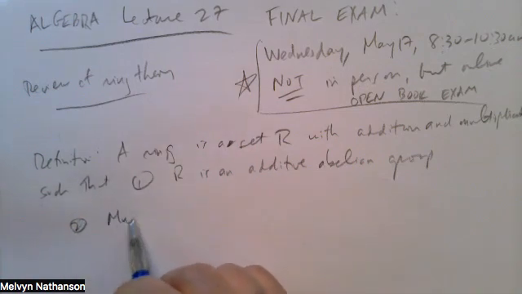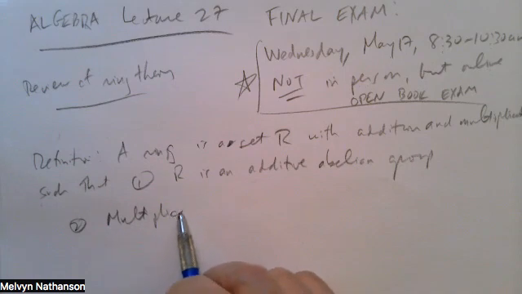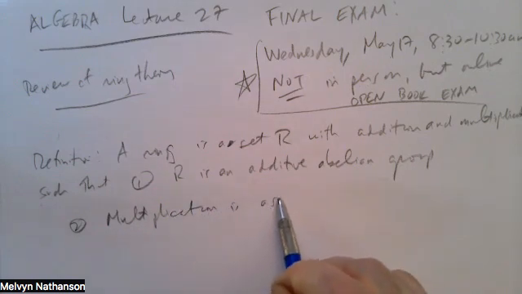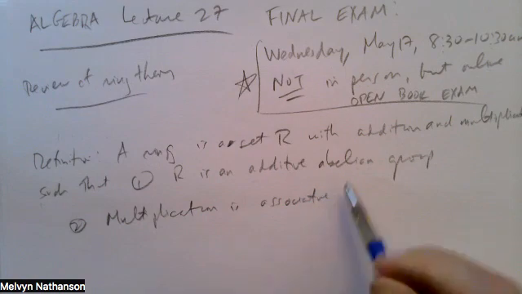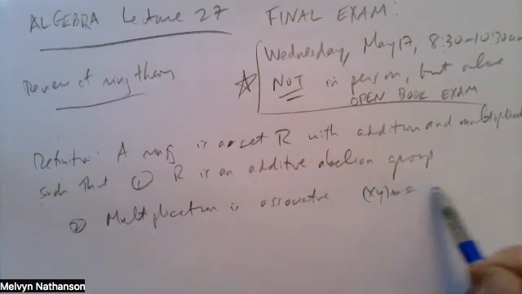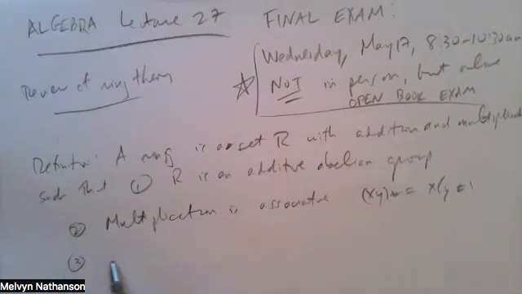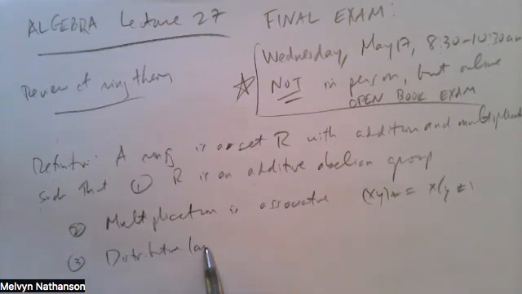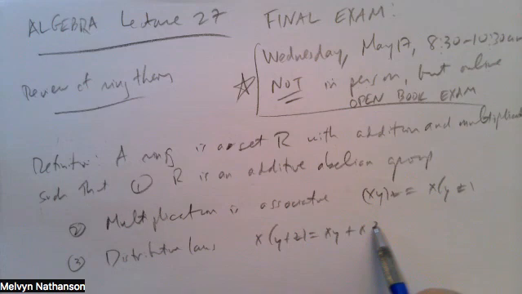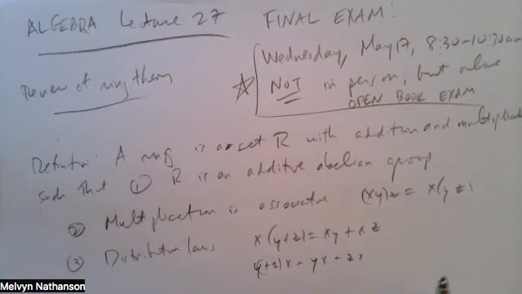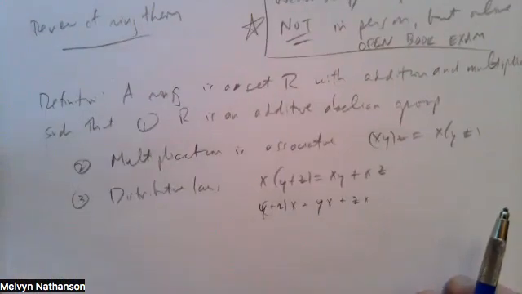Second, the multiplication is associative. So xy times z is x times yz for all x, y, and z. And the distributive laws are satisfied. x times (y plus z) is xy plus xz, and (y plus z) times x is yx plus zx. So that is a ring.